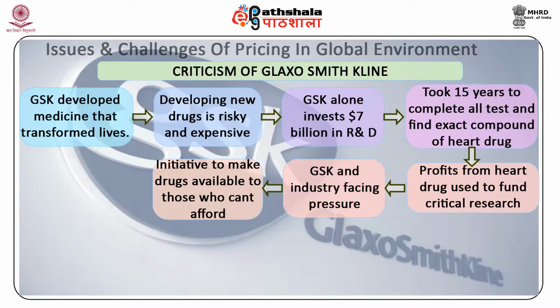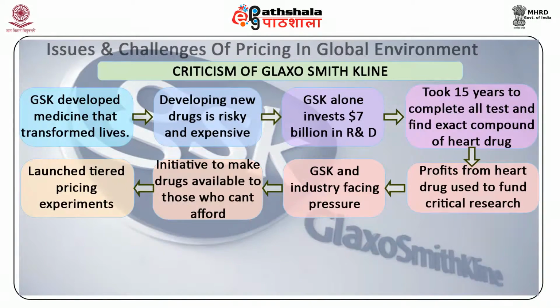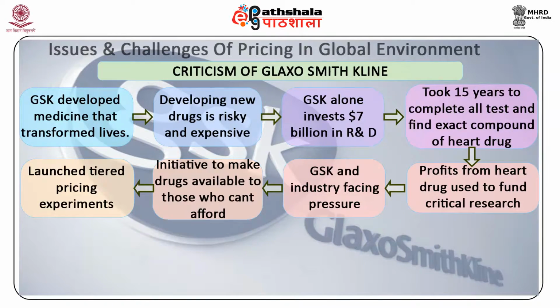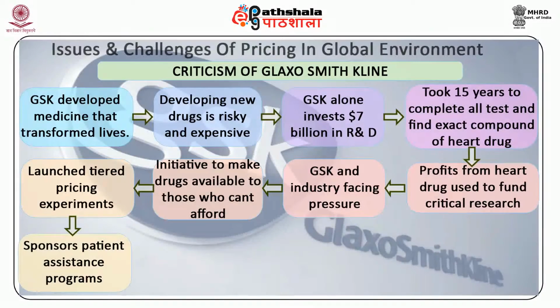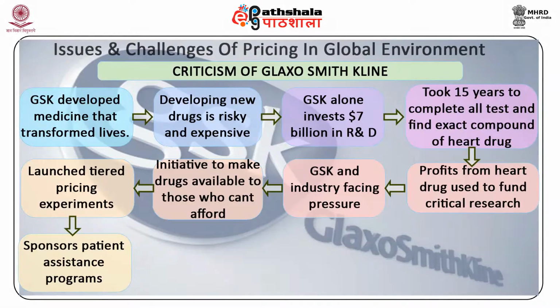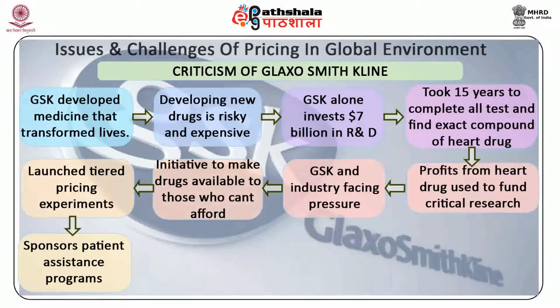The company recently launched tiered pricing experiments in the developing world, selling its medicines to patients at different prices linked to their ability to pay. In the US and other developed countries, GSK sponsors patient assistance programs and discount cards that provide prescription medicine to low-income, uninsured patients free or at minimal cost.